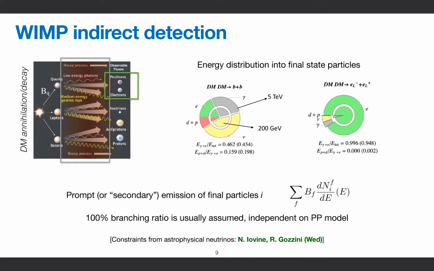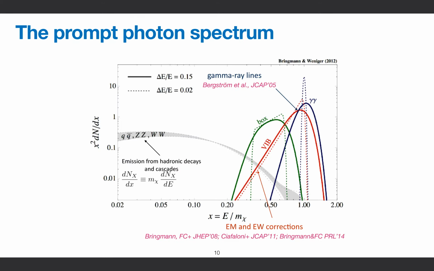And usually, to be model independent, indirect detection limits are set by assuming that the spectral energy distribution of the signal, so this dN/dE, is described by annihilation into 100% branching ratio into a final state.